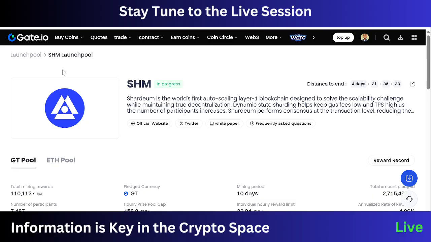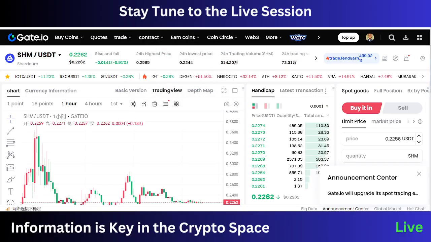We're also going to look into what the Gate.io airdrop is, and how to participate in the airdrop. All of this we'll look into, including the SHM chart, taking a very close look at everything.